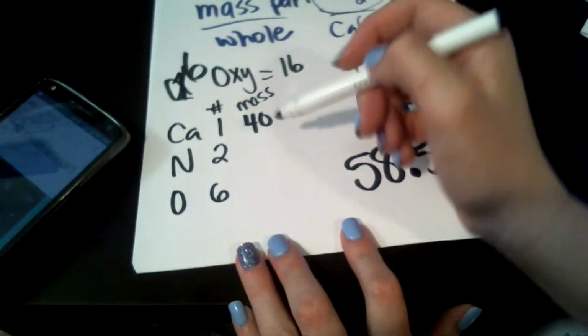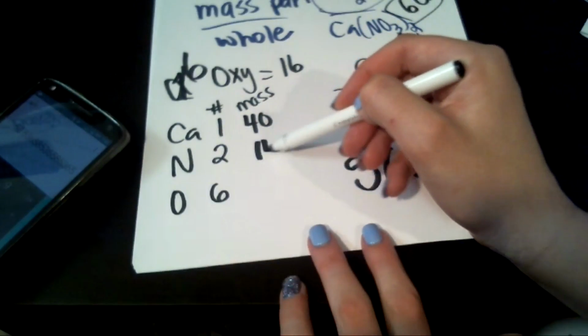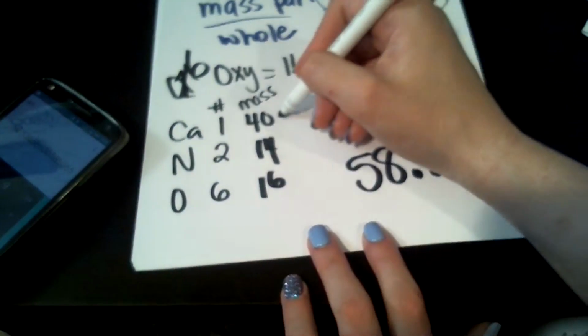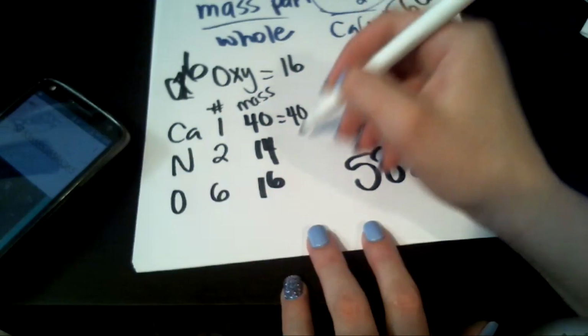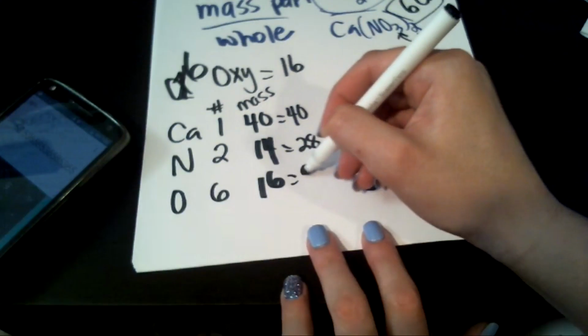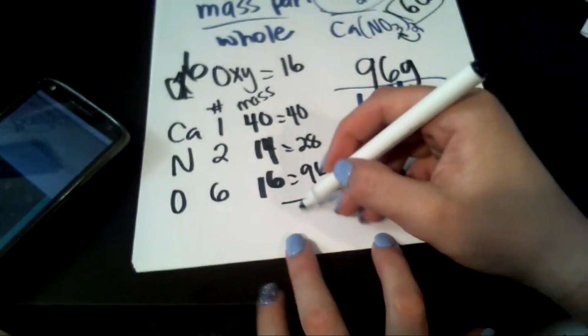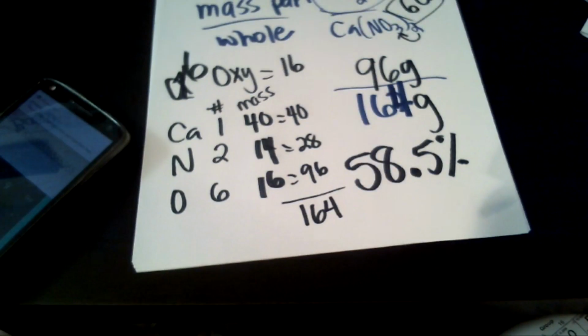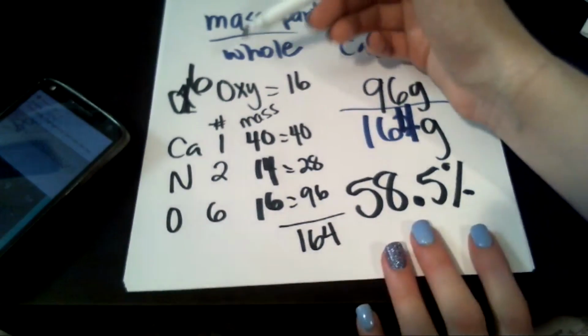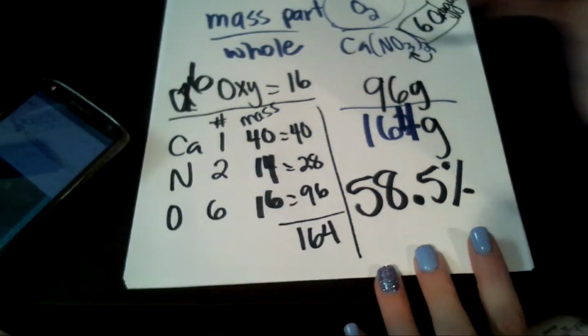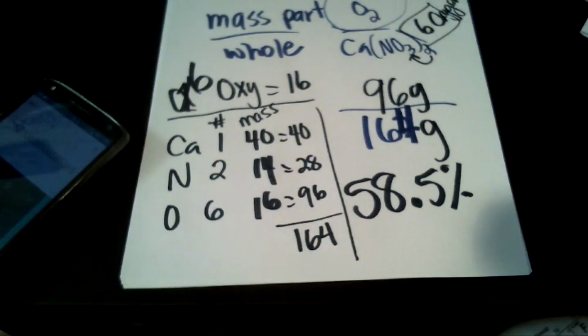You would take the mass from the periodic table: calcium's 40, nitrogen is 14, oxygen 16. You would have multiplied those, giving 40, 28, 96. Then you would have added them, and that would have given you the 164. That's how I would have made you do it, but they gave you the 164 to put on the bottom.